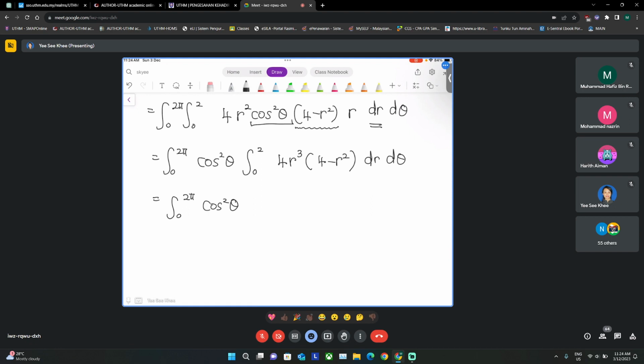Now you can press the calculator, and you get 64 over 3, then d theta.